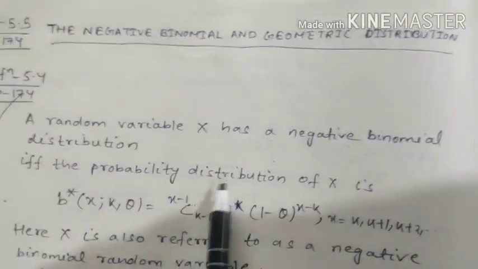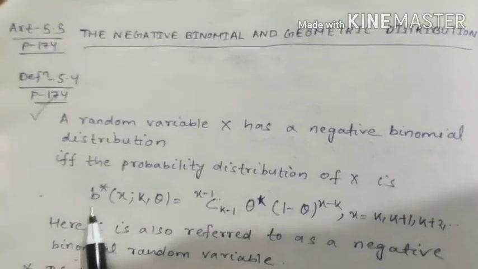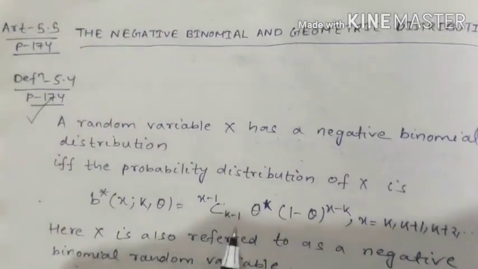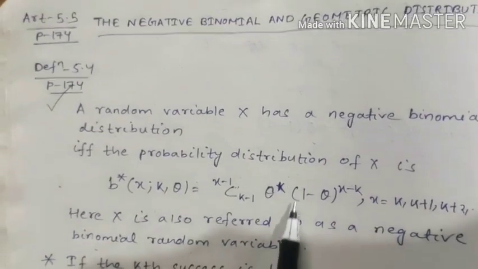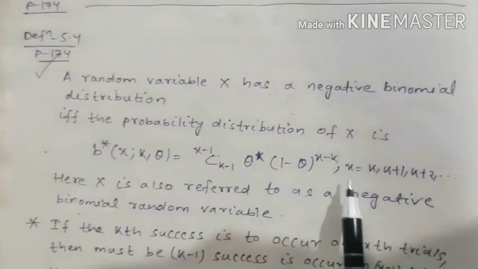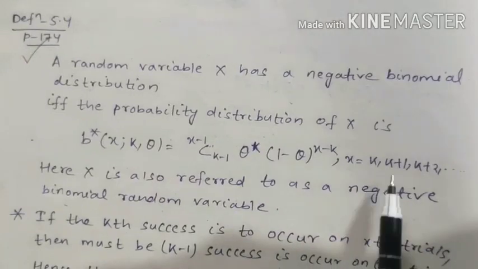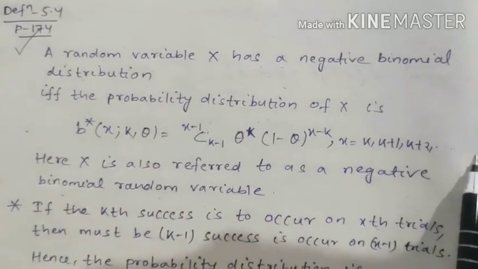Now the negative binomial distribution and geometric distribution. The first one is the negative binomial distribution, b star of x; k, theta is equal to x minus 1 C k minus 1, theta to the power k, into 1 minus theta the whole to the power x minus k, for the values x is equal to k, k plus 1, k plus 2, and so on.